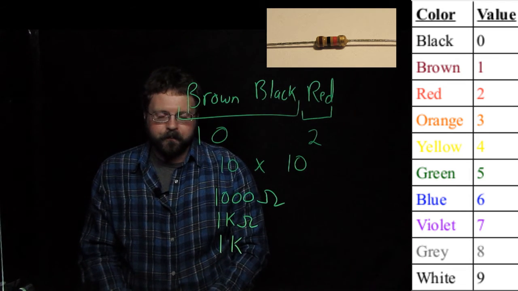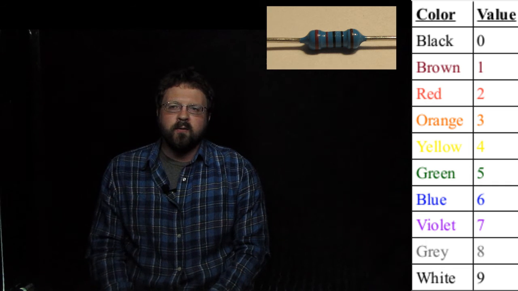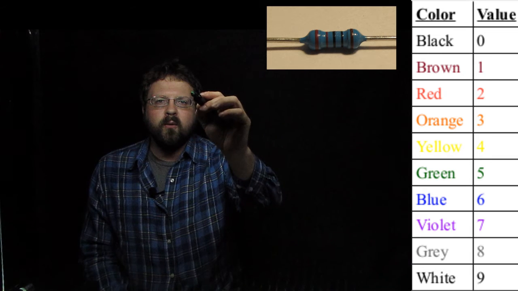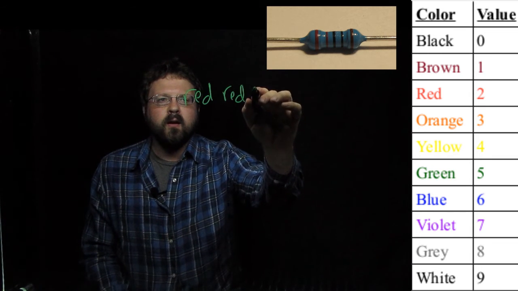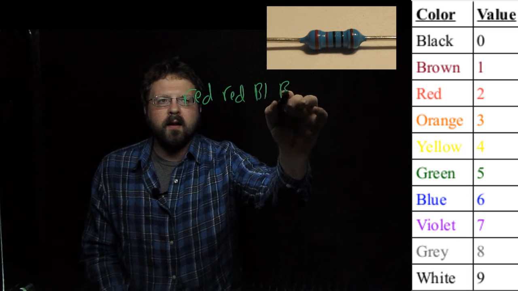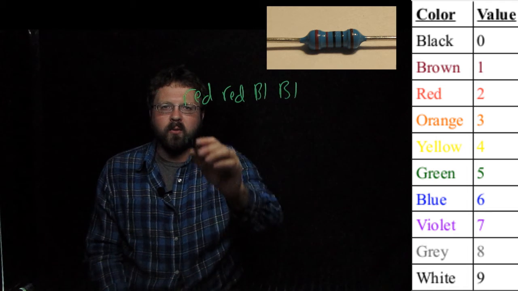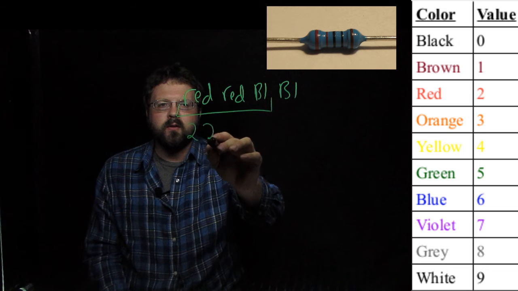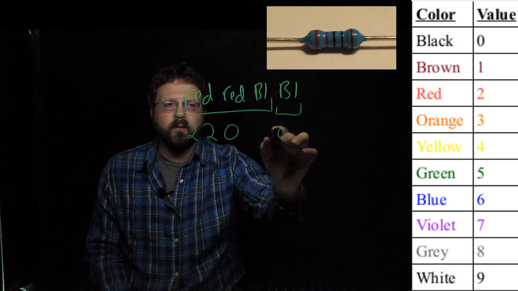Let me show you the next kind of resistor, which is the 4-color resistor. So this is the 4-color resistor, and the colors we've got here, we've got red, red, black, and black. We read this essentially the same way. So red is 2, 2, and then black is 0, and the last one is 0.